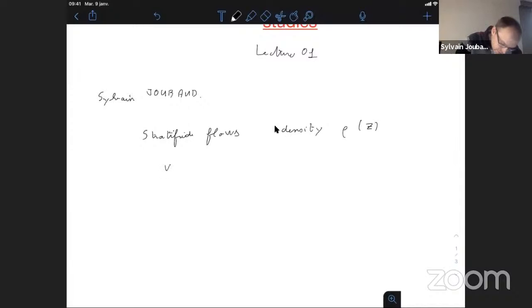There are different variables that are interesting in stratified flows: the velocity V, the pressure P, and the density. There are many other things, but those are three very important ones.